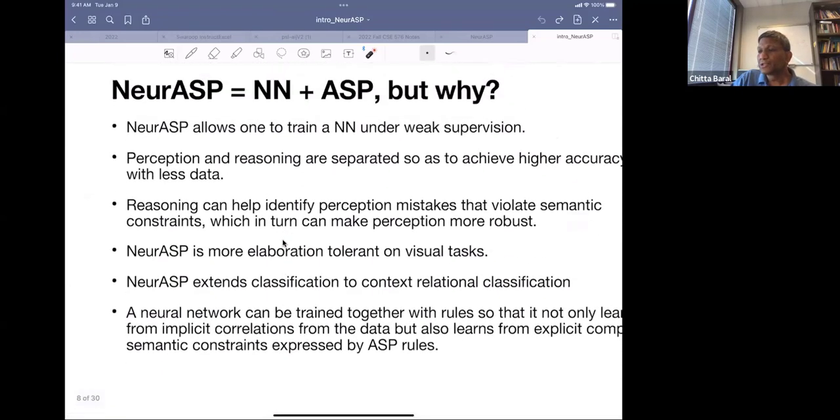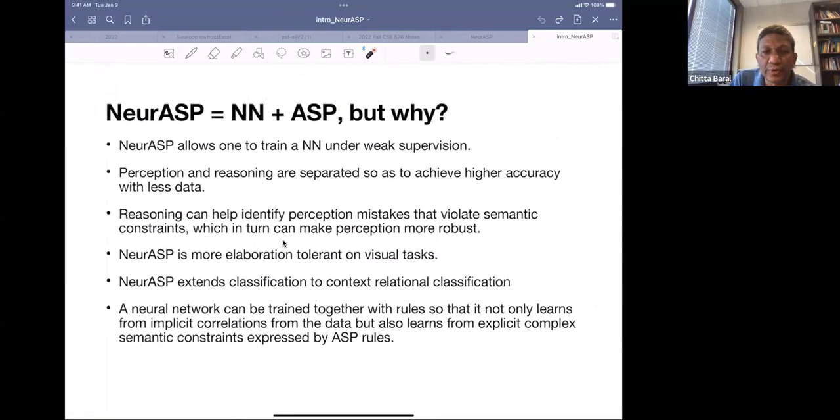So let's talk about what NeurASP is and why we are doing it. As we will show, NeurASP is neural networks for answer set programs. And as has been written, but why? It has several positive aspects. First, as you will see later, it allows one to train a neural network under weak supervision.